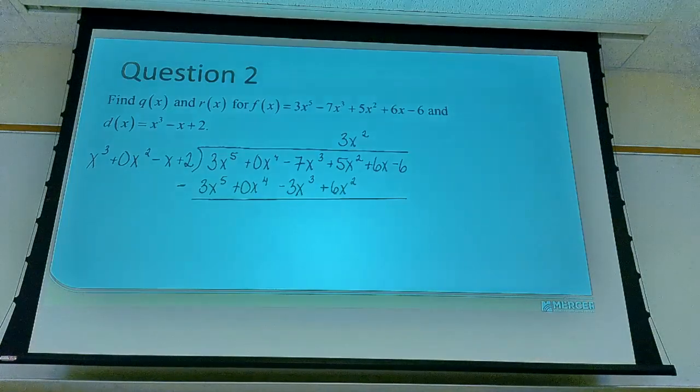-7 minus -3. -4. 5 minus 6. The other terms will just drop down. Is that degree less than the degree of the divisor? So you keep going. What's our new leading term? So what do we have to multiply by? -4.